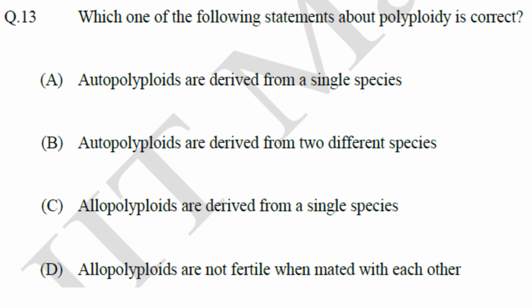So first one, autopolyploids are derived from single species, is correct. Autopolyploids are derived from two different species is wrong. Allopolyploids are derived from single species? No, they are from two different species. Allopolyploids are not fertile when mated with each other? They can be fertile among themselves. So A is the right answer.